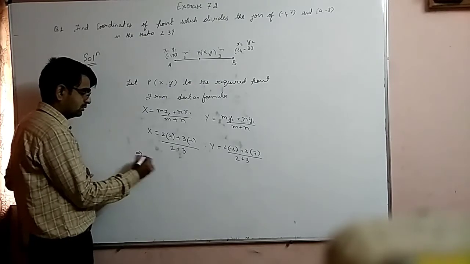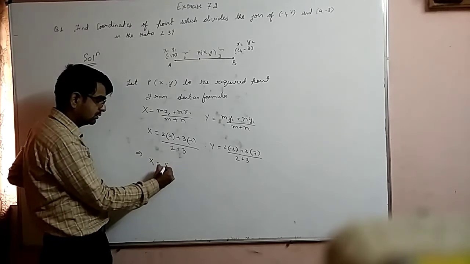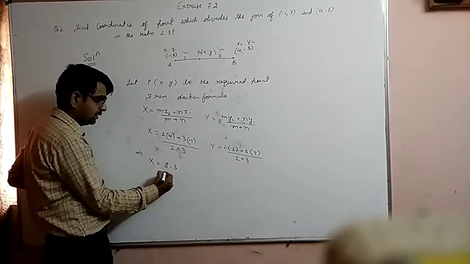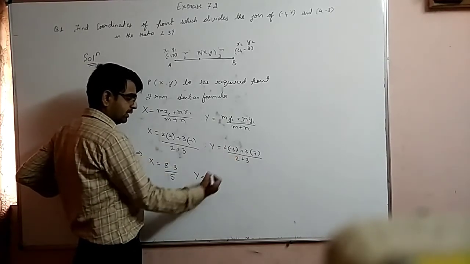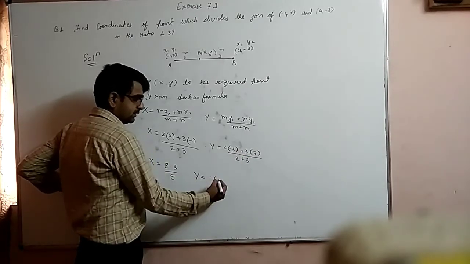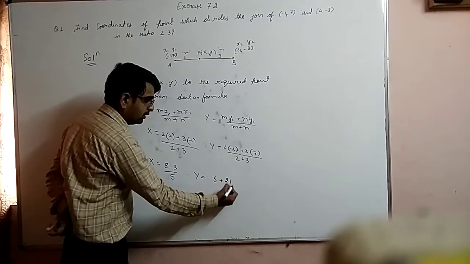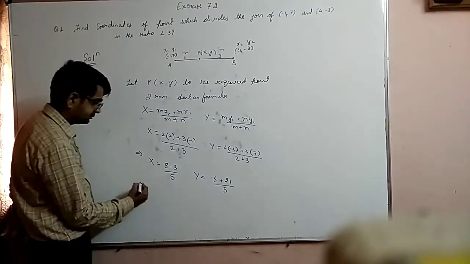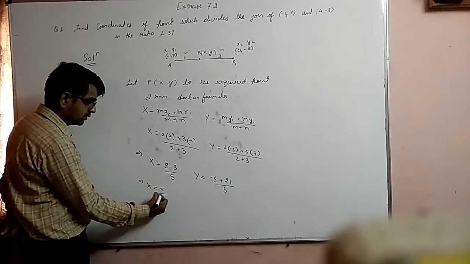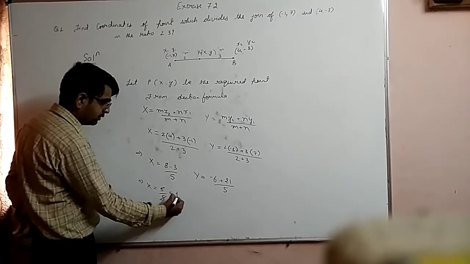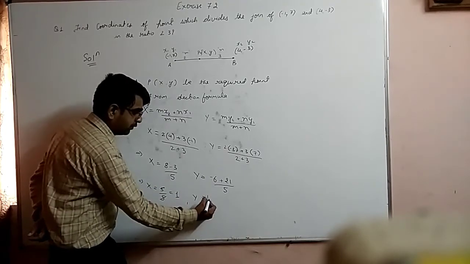So the x coordinate will be 2 into 4 is 8, and 3 into -1 is -3, upon 5. For y, 2 into -3 is -6 and 7 into 3 is 21, so 21 upon 5. So 8 minus 3 is 5, 5 by 5 will be 1, and -6 plus 21 is 15.